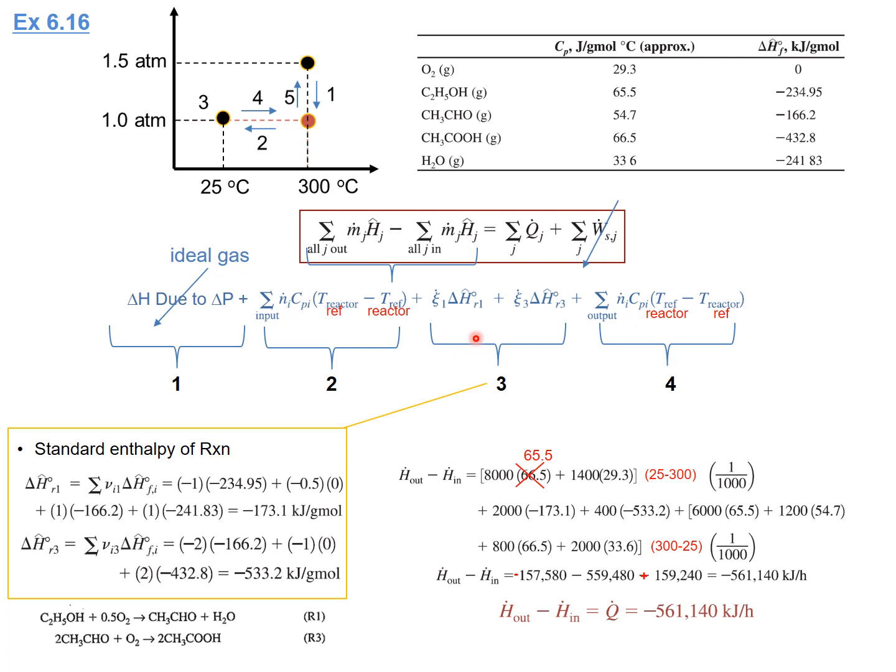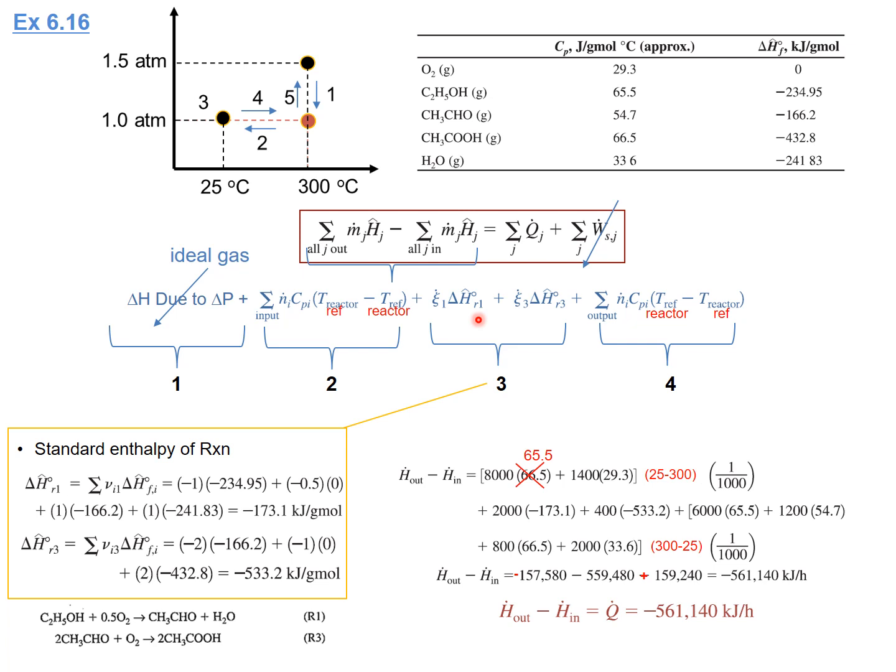We have reaction 1 and reaction 3, and for each reaction we could calculate the enthalpy change by multiplying the specific enthalpy of reaction with the extent of reaction for the corresponding reaction. So we have R1 plus R3. How to calculate the standard enthalpy of reaction?